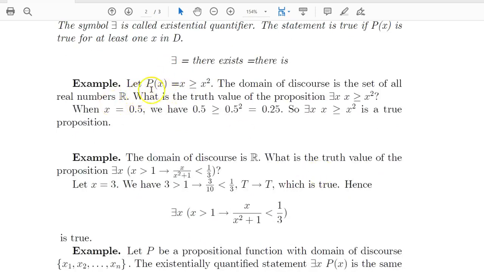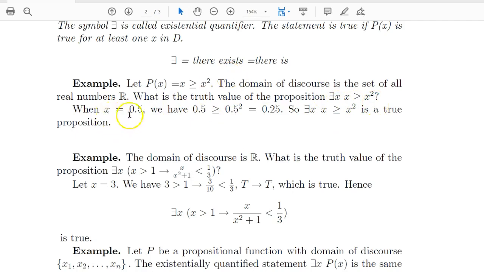Example. P(x) is x greater than or equal to x squared. The domain of discourse of x is the set of all real numbers. What is the truth value of the proposition "there exists an x such that x is greater than or equal to x squared"?